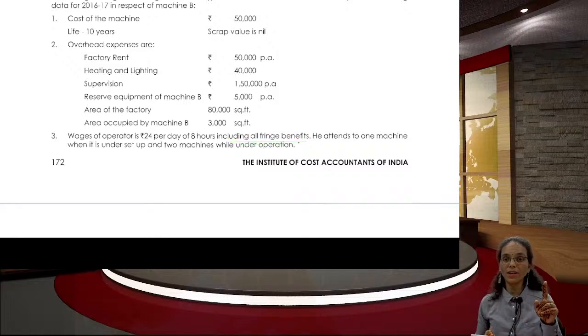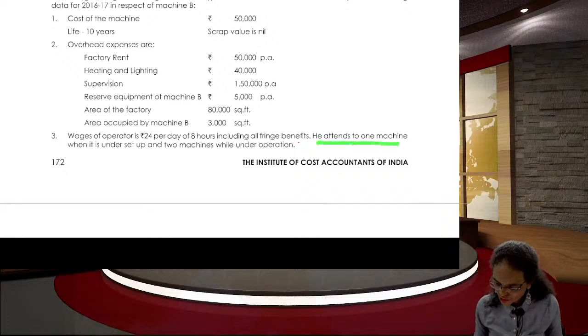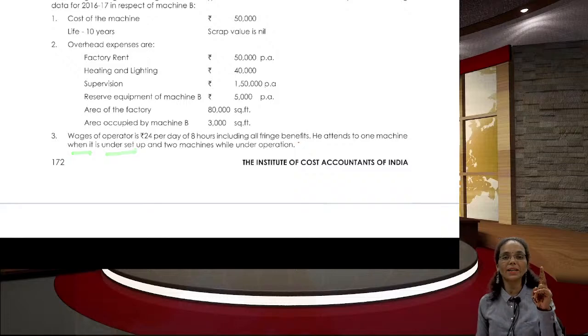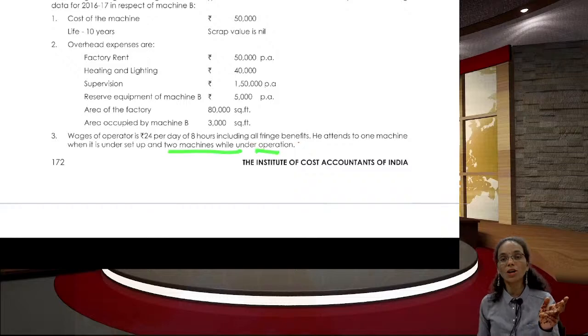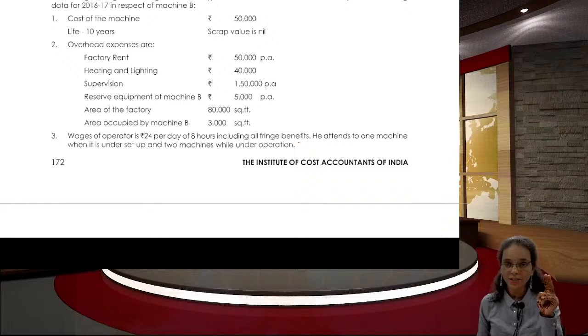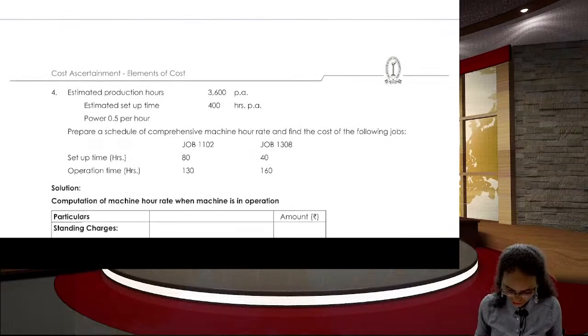He attends to one machine when it is under setup, and 2 machines when it is under operation.